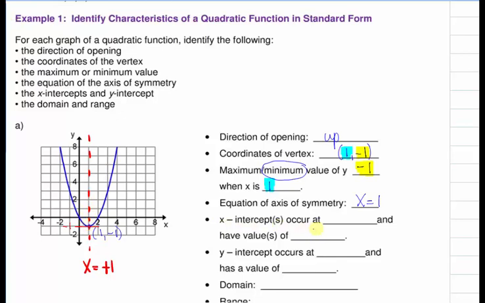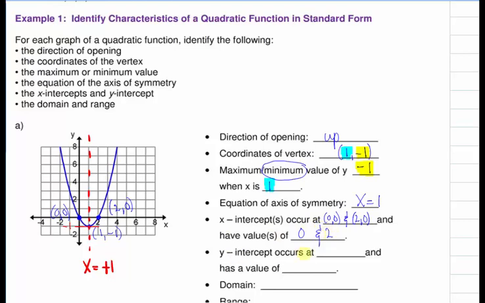Okay, our x-intercepts occur at, alright, our first one is right here. The coordinates for that point are 0, 0. Our second one is here. The coordinates occur at 2, 0. And so our x-intercepts are at 0, 0 and 2, 0, and so have values of 0 and 2.